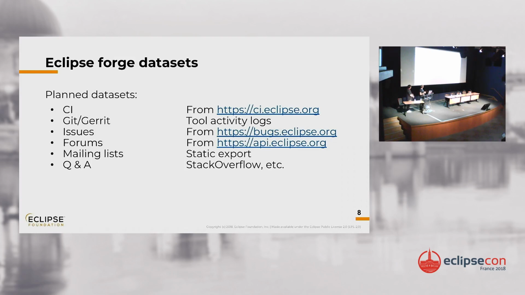We also have everything about issues, so a list of issues as CSV, which is a lot easier for people to manipulate. We have datasets about the forums and the mailing lists, and also from external websites like Stack Overflow, question and answer websites. And we also plan on having things like Hacker News and news websites.